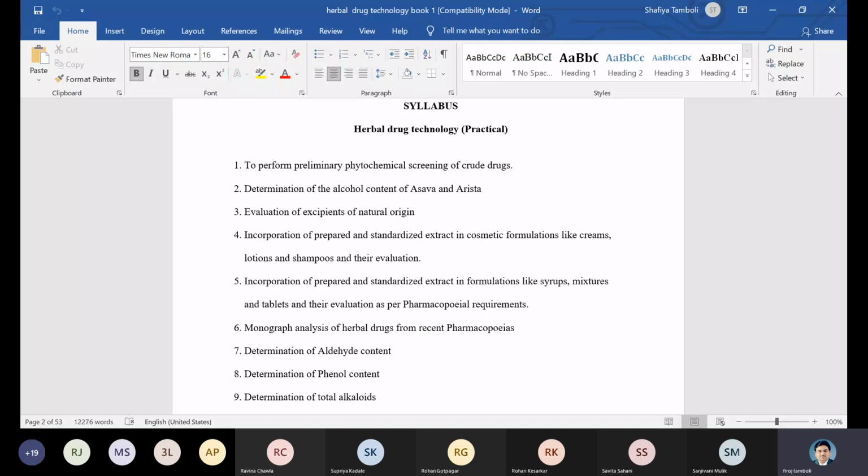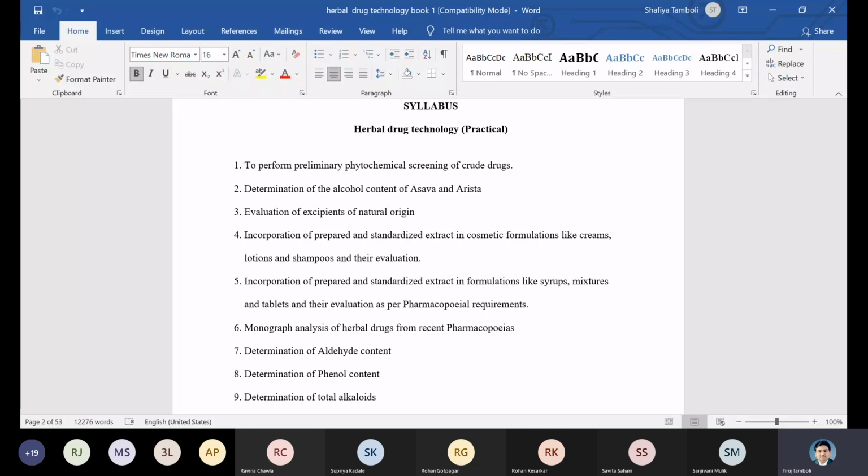Large scale extraction means you collect the powder again, then go for the extraction. Depending on the material, maceration is also used, but at the lab level, Soxhlet extraction is the best method. In flavonoids, isolation is possible by the Soxhlet extraction method. So you go for the extraction.